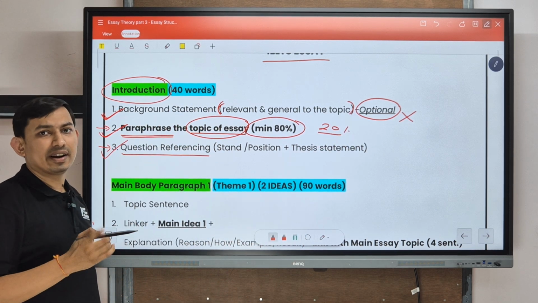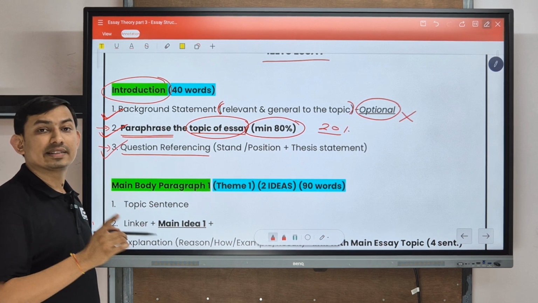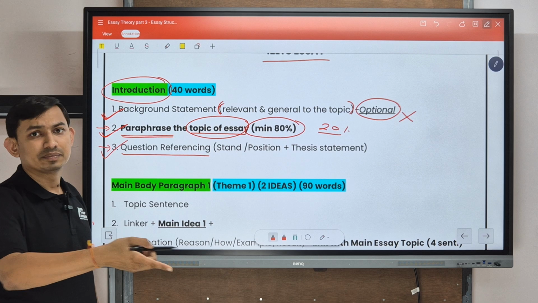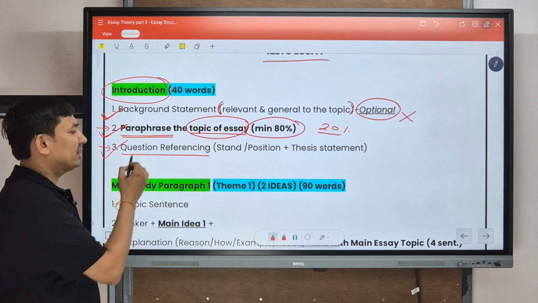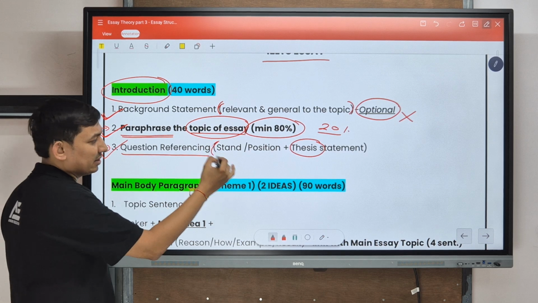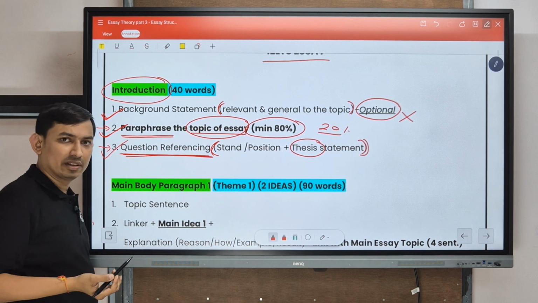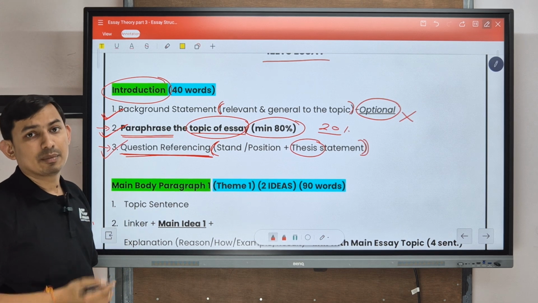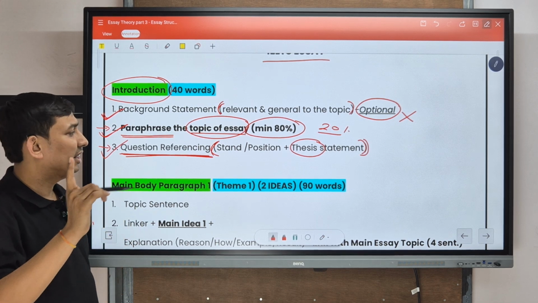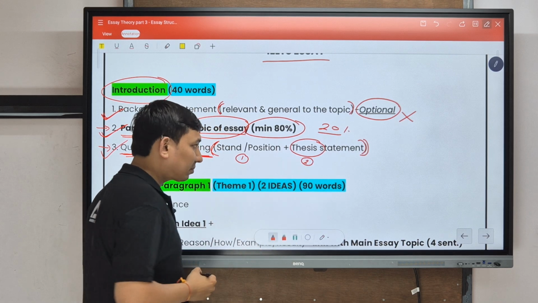Another one is question referencing. In the earlier example, we have seen that advantages and disadvantages are discussed below. It is called a thesis statement. But what does it represent? It generally refers to the question. So it is called question referencing. But question referencing can be done in two ways. First is stand, second is thesis.